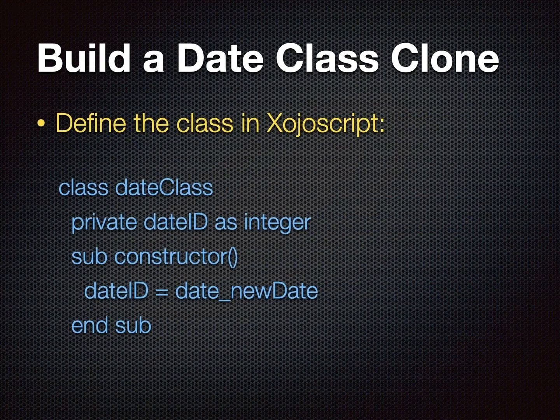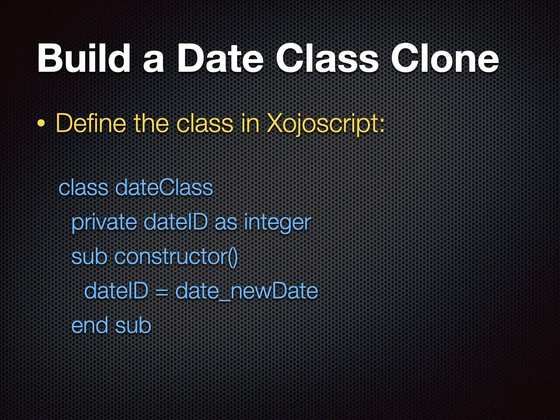So let's look at how we define the class. This is in the XojoScript. We've got a private DateID property as an integer. We have our constructor, which is calling Date_NewDate, a special function that I've written in the context object in the main program.